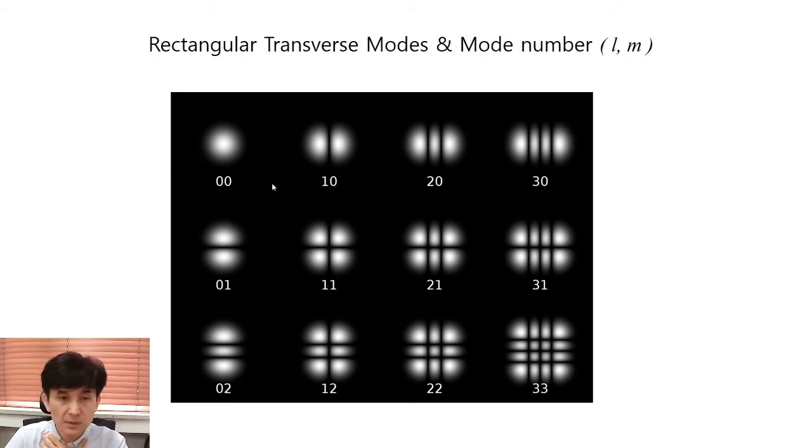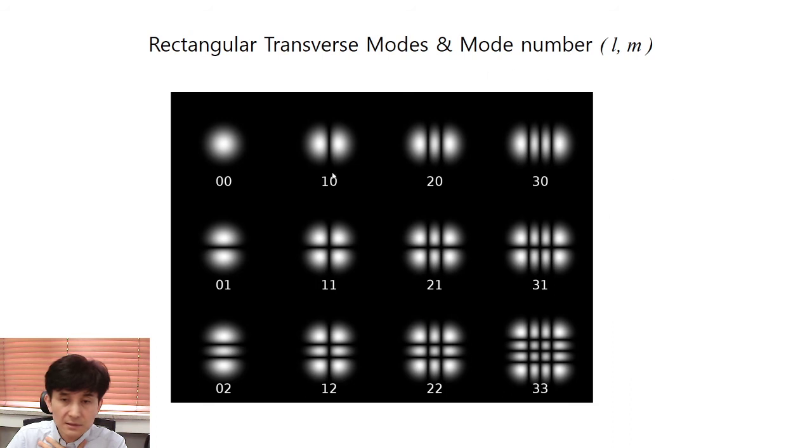For rectangular shape mirrors, we have the rectangular mode numbers L and M, where L is the mode number along the x-axis, and M is the quantum number along the y-axis. So we can think about this as 1, 0, that is one node along the x-axis, and 2 nodes along the y direction, and so on.